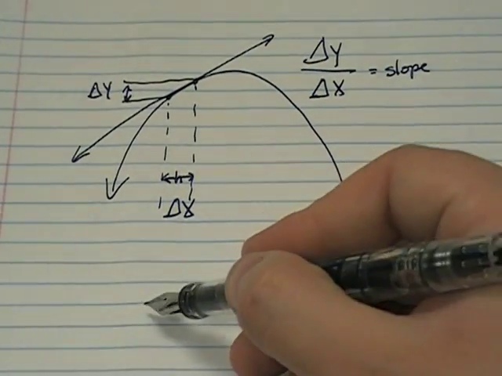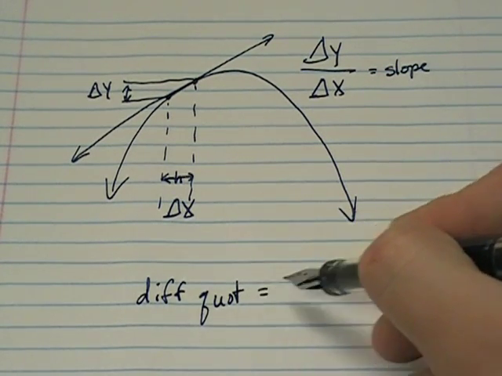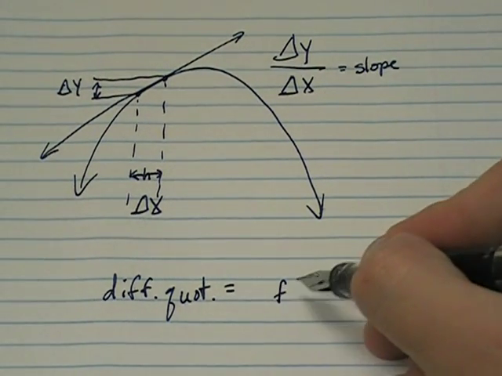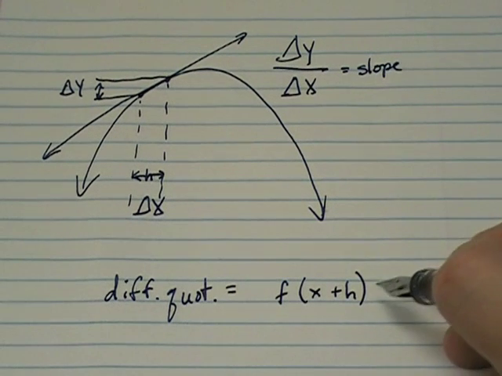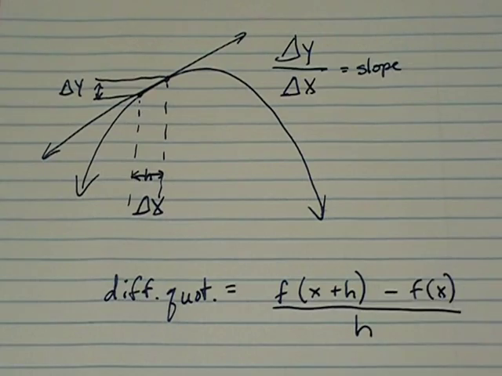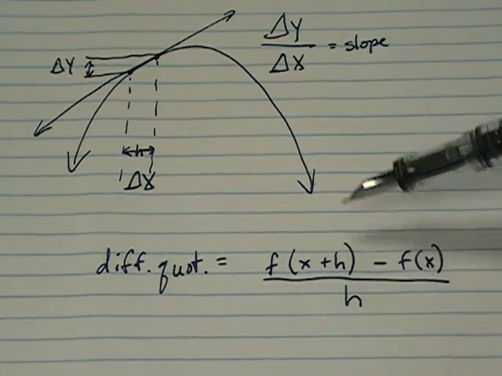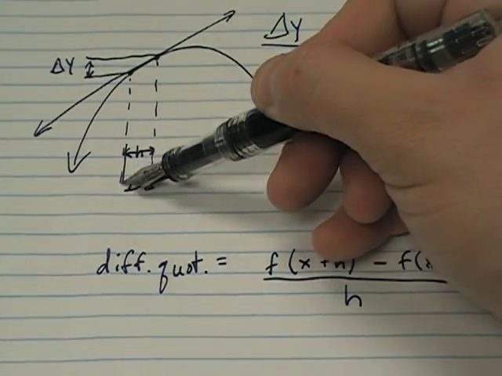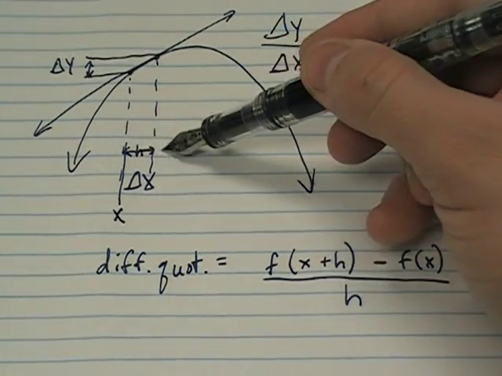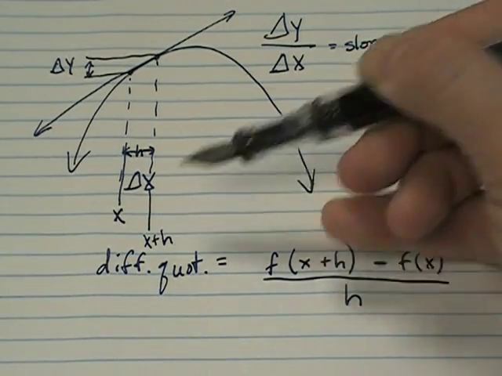And so the difference quotient of a function is, and I just abbreviate here, f of x plus h minus f of x divided by h. Now I want to go through what this means. F of x plus h means if you pick a value for x, so this value here is for x, and then I pick another value that's h units further along, then this x value would be x plus h.